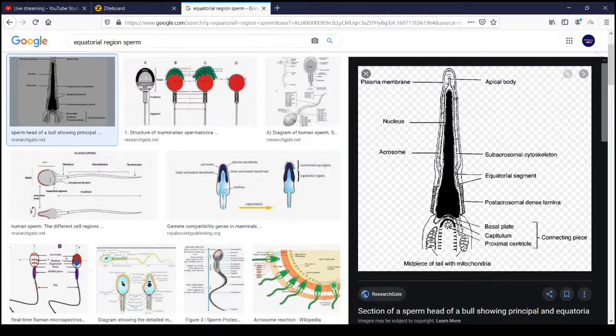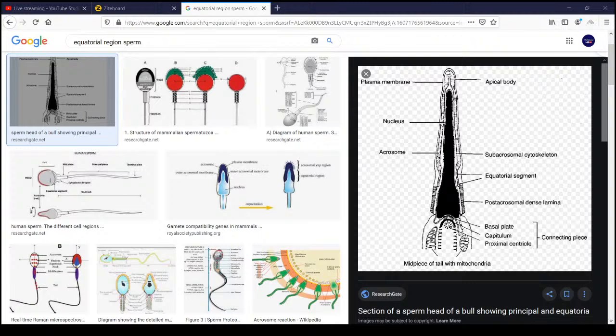That is known as the equatorial region, and this is where the membrane fusion between the sperm and egg takes place. Here Izumo will be expressed on the equatorial surface, and then will cause sperm-egg fusion.